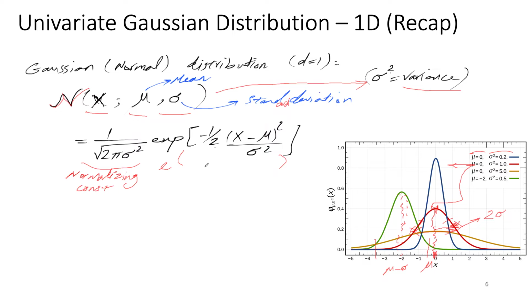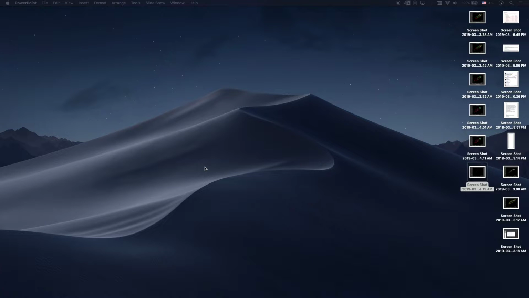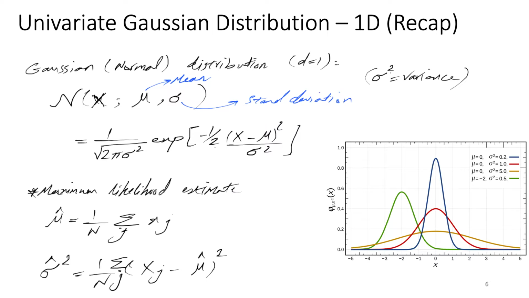So now, when we have this model with these hyperparameters, we can sample from this model, right? And we can estimate the mean and also the variance. That's why the maximum likelihood estimate for the mean is going to be computed easily with the summation of your x's divided by the number.